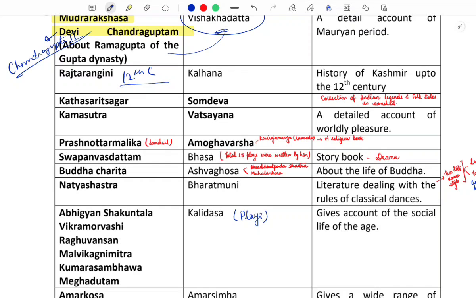This is the first thing people of India wrote in a very systematic manner. Kalhan has written a chronological history of Kashmir from the beginning up to the 12th century. This is also considered an important source for history.